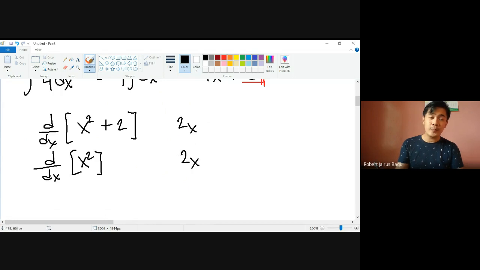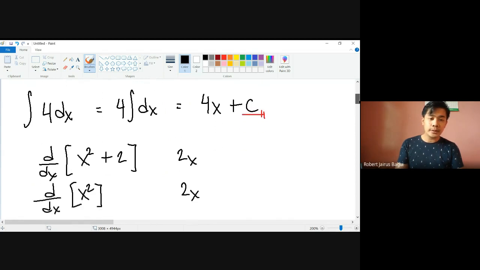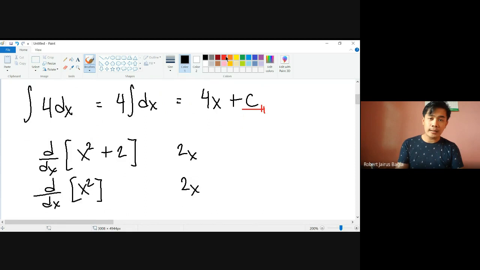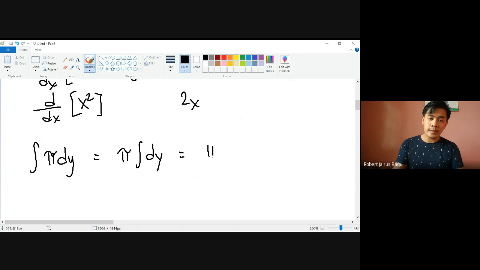But they come from different equations. So this is just to show why we put C, because we always get zero when it comes to derivatives. And similarly, let's say pi dy, the pi just comes out, then dy, and when you take the integral, it is pi y plus c.